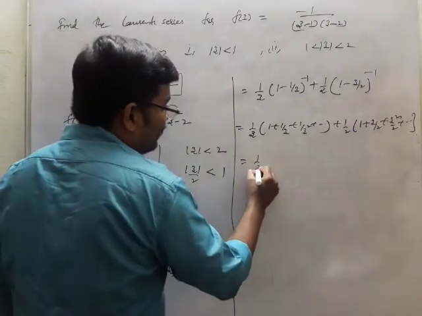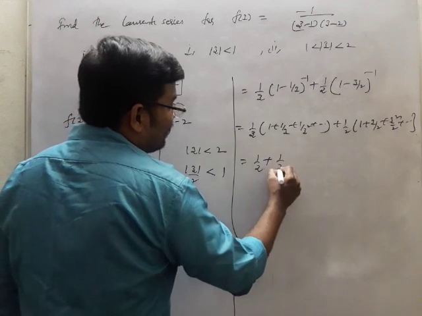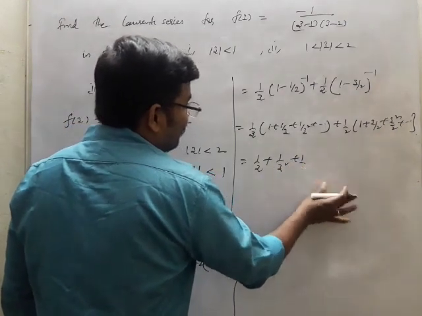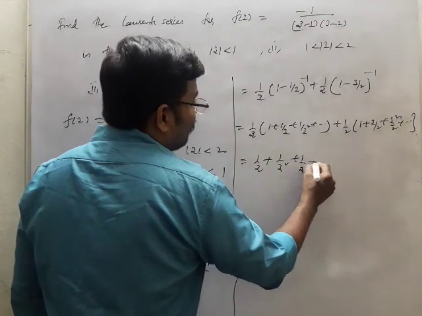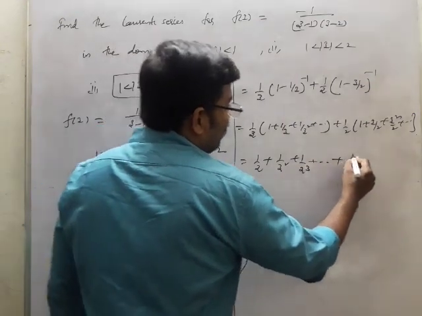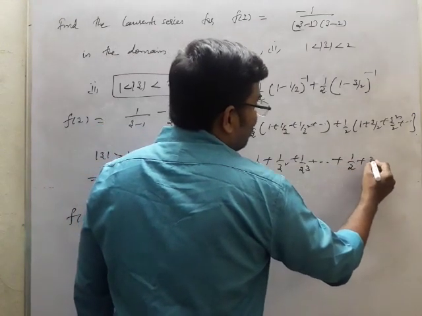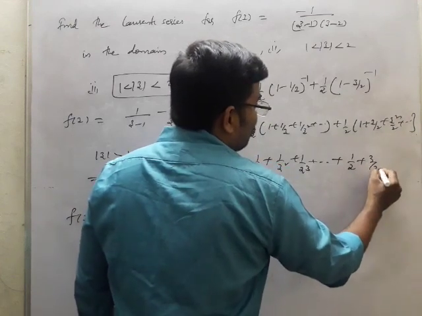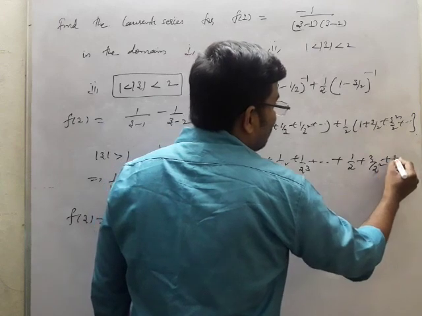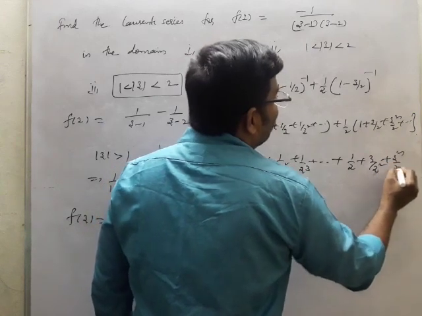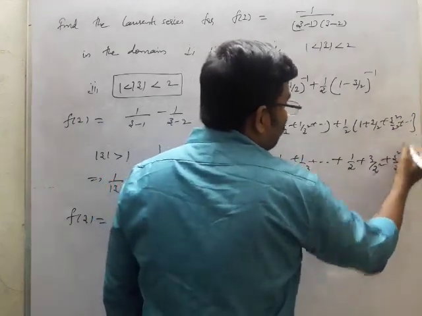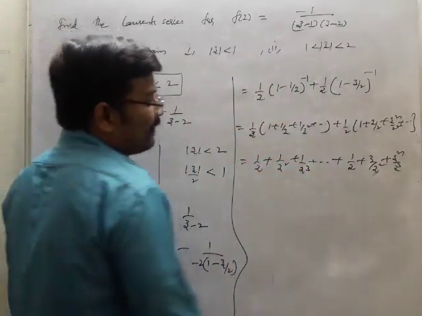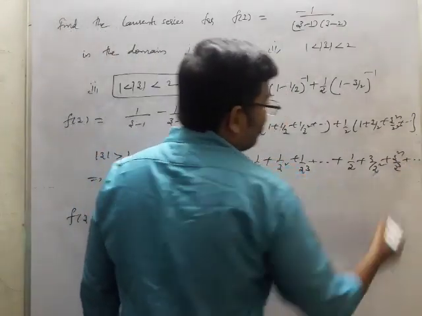Multiplying now by 1 by z, this is 1 by z, 1 by z square, 1 by z cube, plus and so on, plus 1 by 2, z by 2 square, z square by 2 cube, plus and so on.